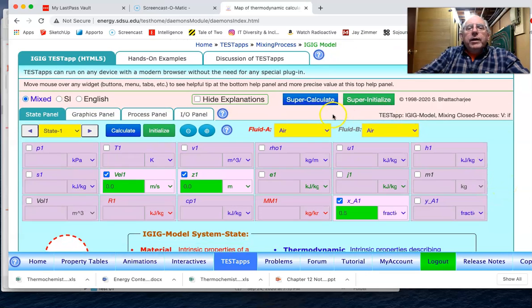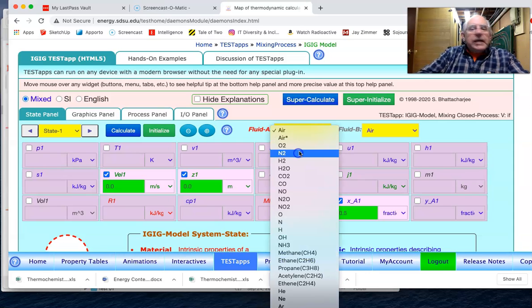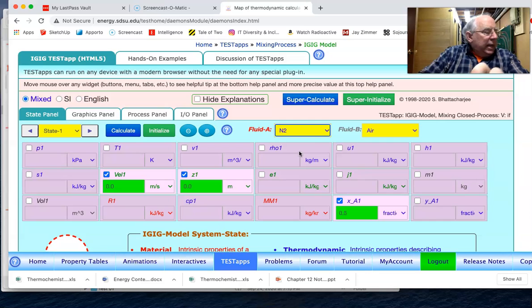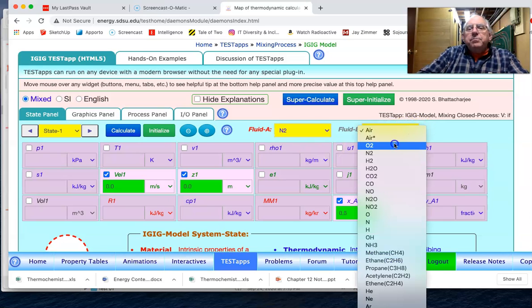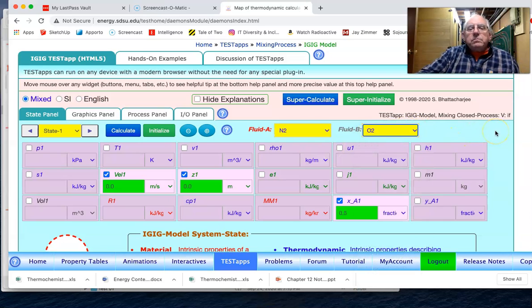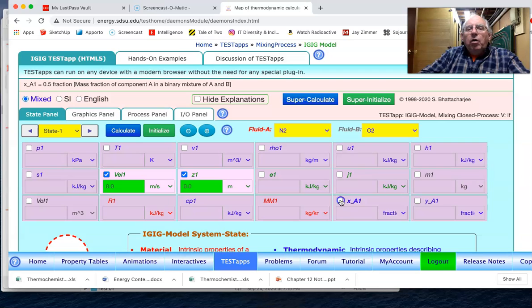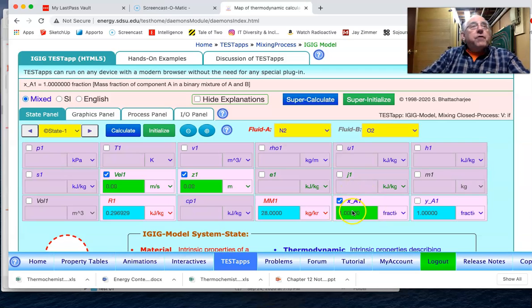And now we're ready to assign the 2 gases. In this case, it's nitrogen as the A fluid, and it's oxygen as the B fluid. Once again, specifying the fluid A all as 1, we can put in a mass fraction of 1 for this particular state.